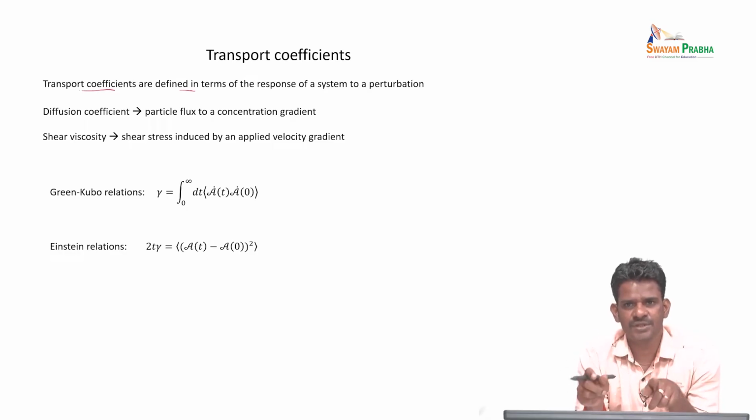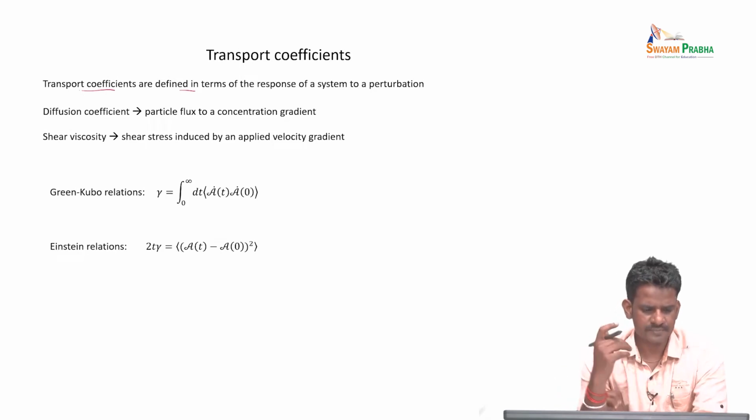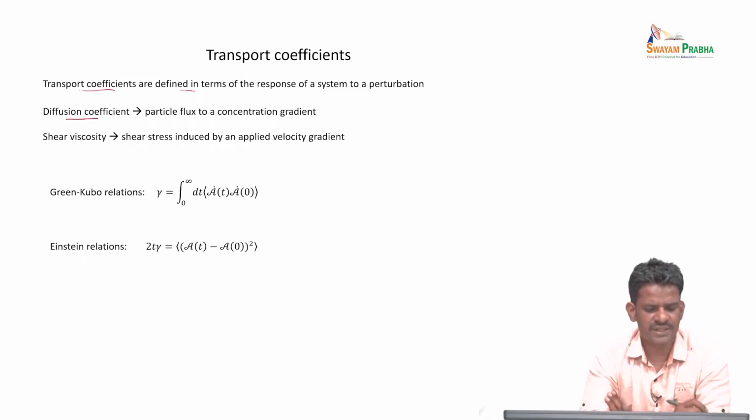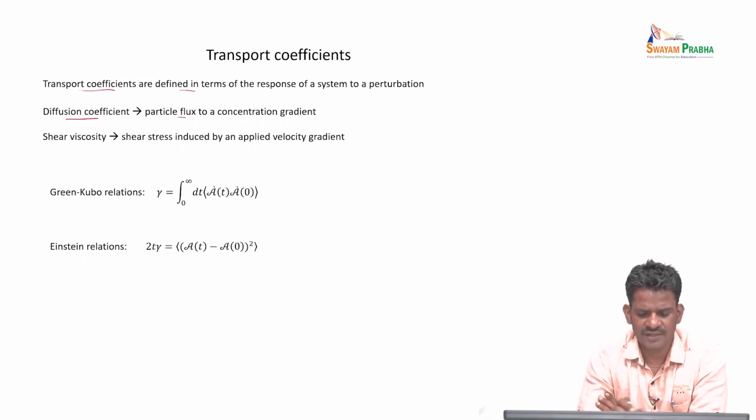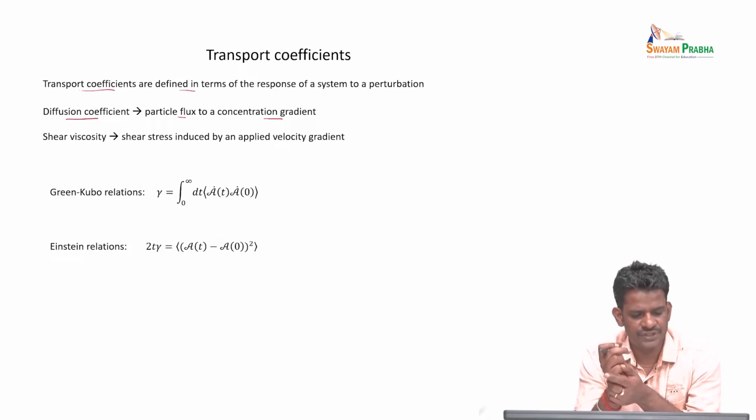Then there should be a relationship between the transport coefficient and the time correlation functions. For example, the diffusion coefficient is nothing but a response of particle flux to an imposed concentration gradient. When you impose a concentration gradient, that's a perturbation, and you see the response, which will be a particle flux moving in a particular direction. And the magnitude of this flux is governed by a diffusion coefficient.